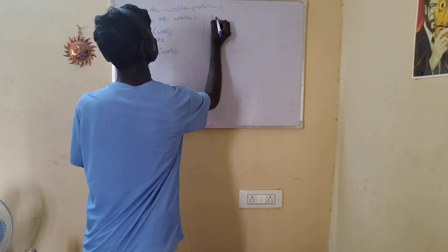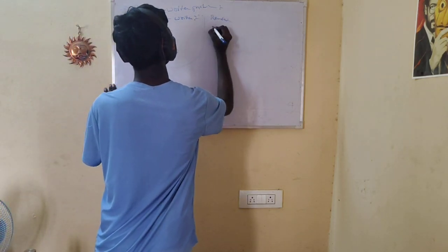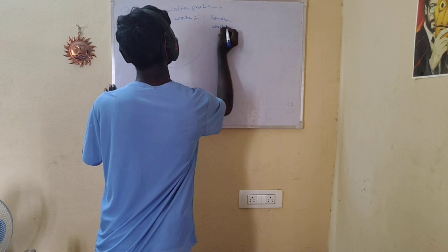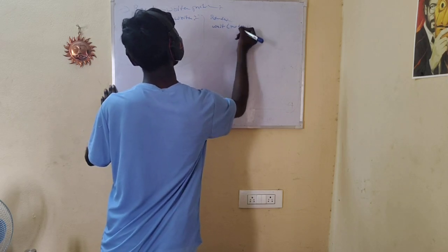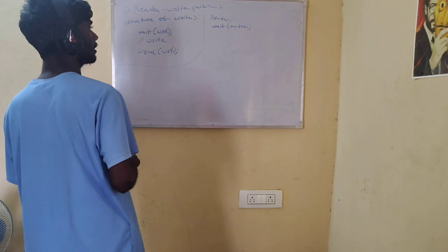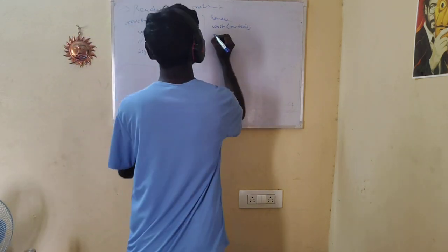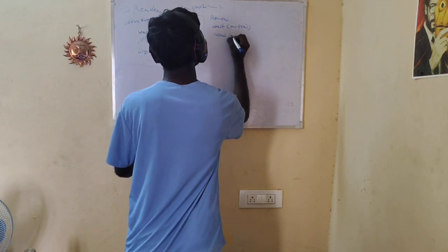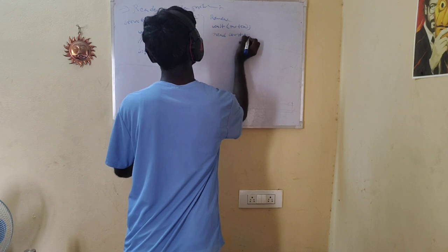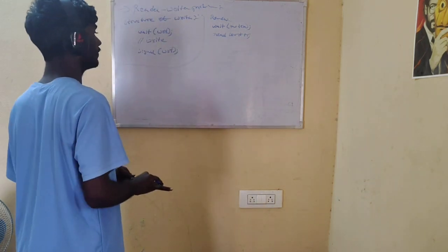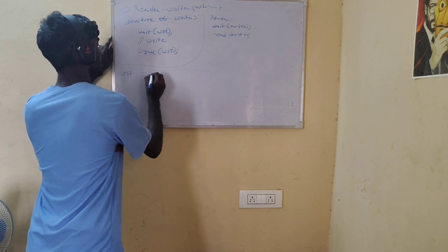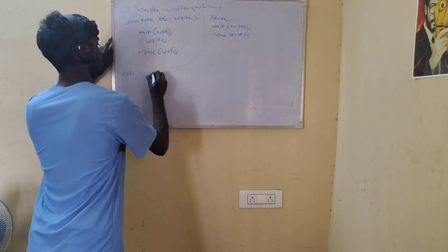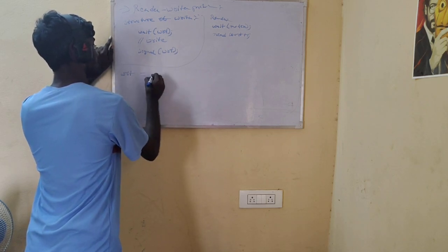And coming to the structure of the reader: wait of mutex, and after calling wait of mutex, read count plus plus. Here we have three variables. wrt, which is a Boolean semaphore, initially set to 1.